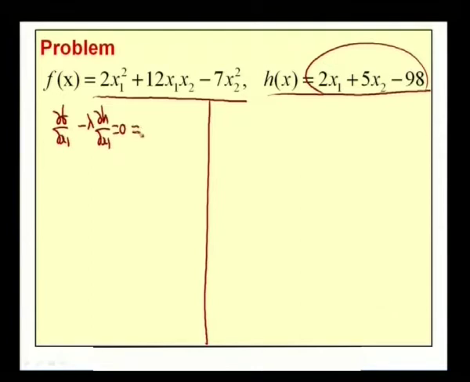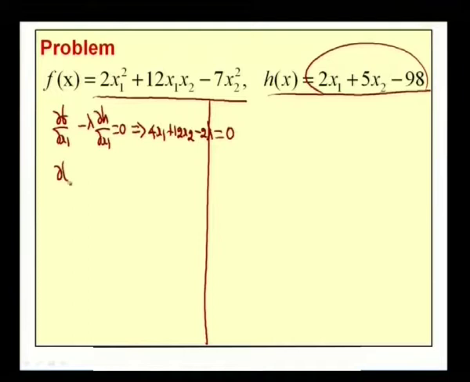Now, this condition gives us the partial derivative of this function with respect to x1, which is 4x1 plus 12x2 minus 2 lambda equal to 0.